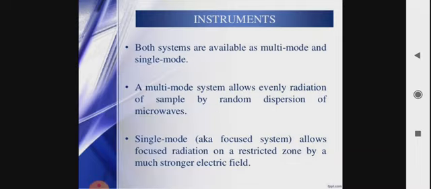So see, both systems are available as multi-mode and single mode. A multi-mode system allows irradiation of the sample by random dispersion of microwaves. Single mode means plant material is irradiated at a particular site, focusing radiation on a restricted zone by a much stronger electric field.